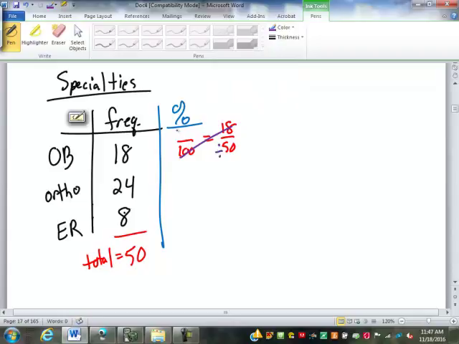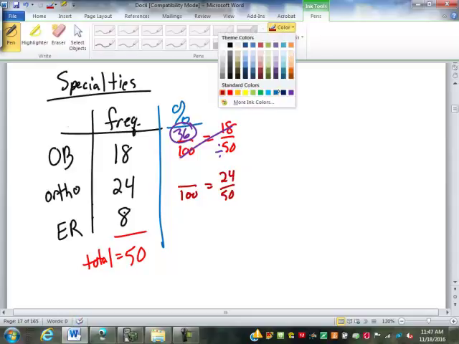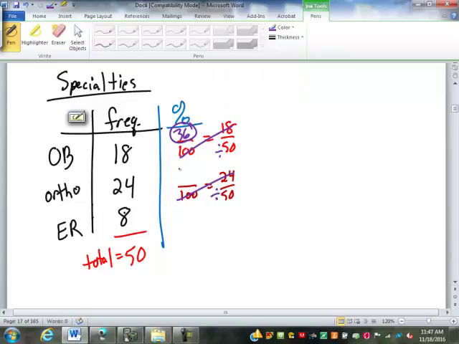Cross multiply and divide there, I'm going to get 36%. For ortho, blank out of 100 equals 24 out of 50. If I cross multiply and divide there, I get 48%. And for ER, blank out of 100 equals 8 out of 50. Cross multiply and divide there, I get 16%.